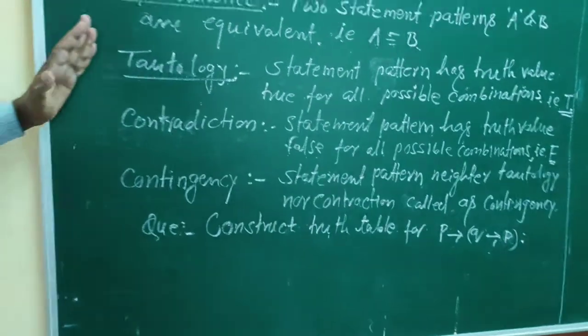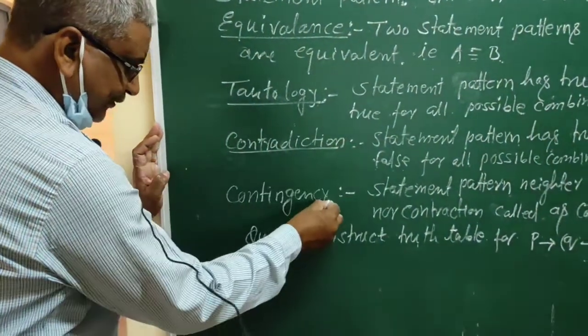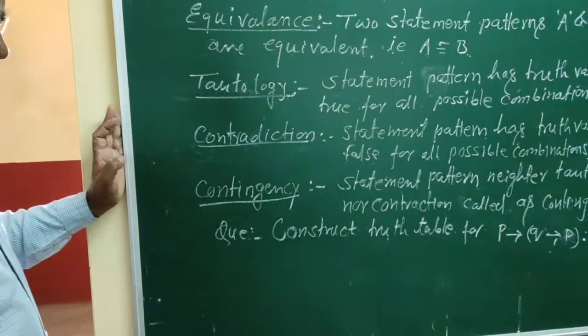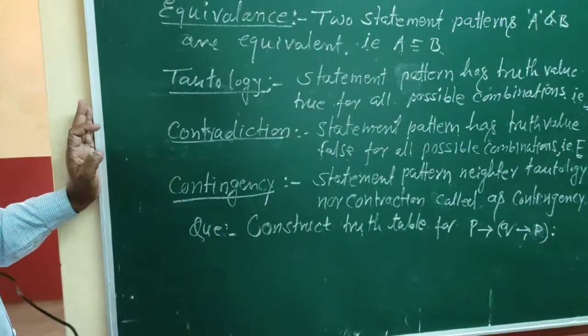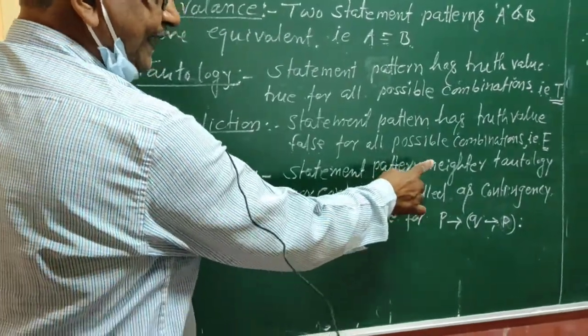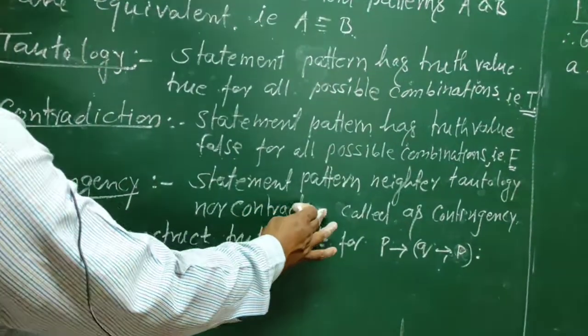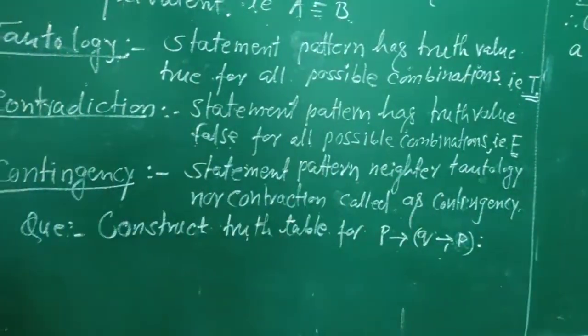And further, the third type of statement is contingency. How can you define the contingency? It is very easy. A statement pattern that is neither a tautology nor a contradiction is called a contingency.